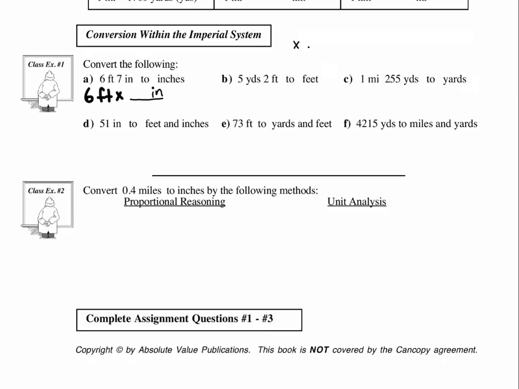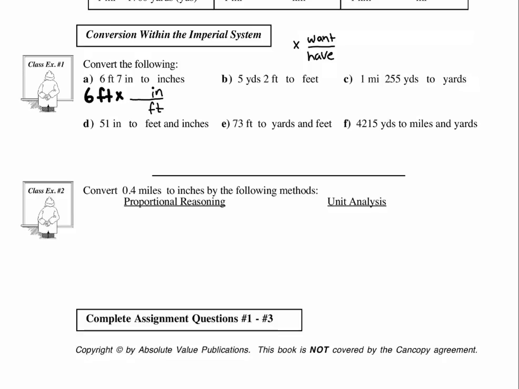So when we multiply, we want what we want divided by what we have, the unit we have. So currently, what unit do we have? Feet. Feet is what we have, 6 feet. And we do that so that the feet unit will cancel out. Make sense? But we have to fill in the numbers before they cancel.